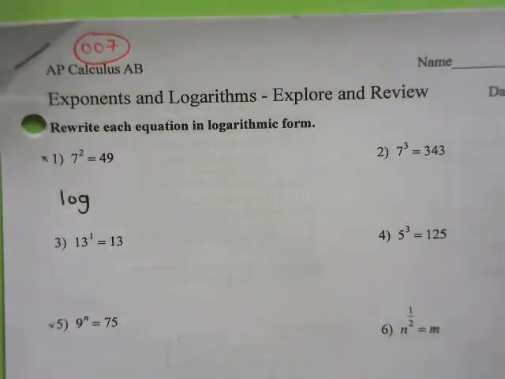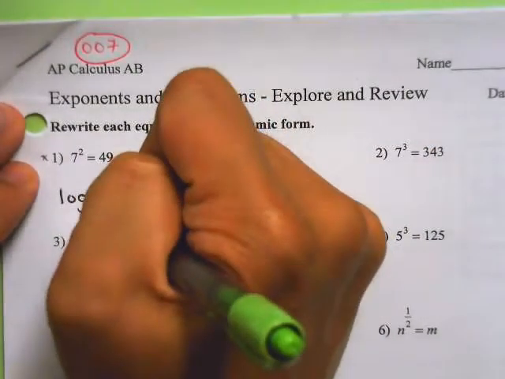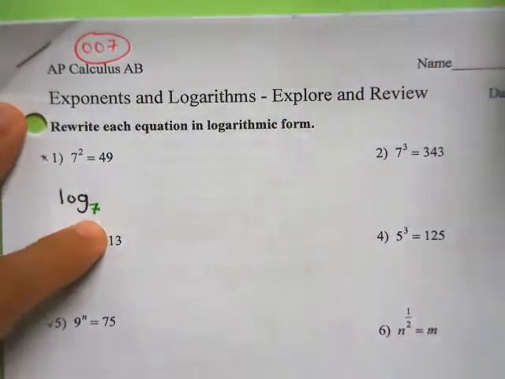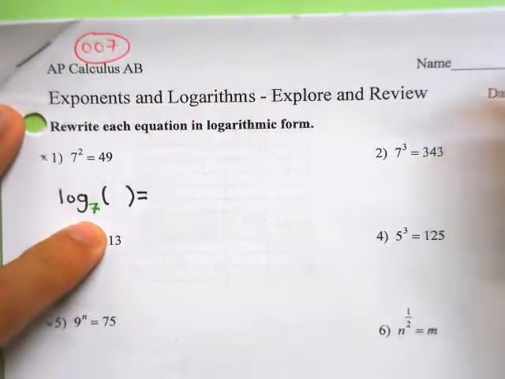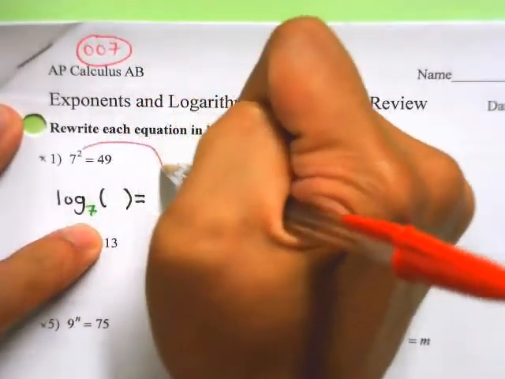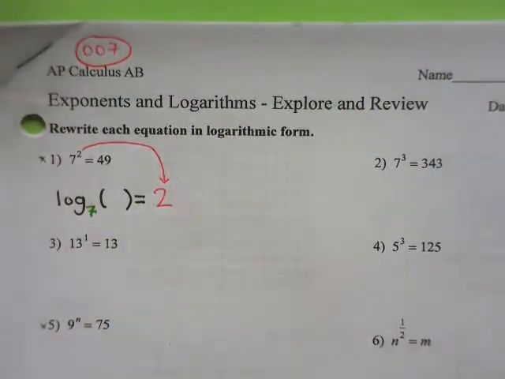Now take a look at your base. Your base is a 7, and so we're going to write it as a subscript. Your exponent, the 2, goes after the equal sign, so it goes right over here.